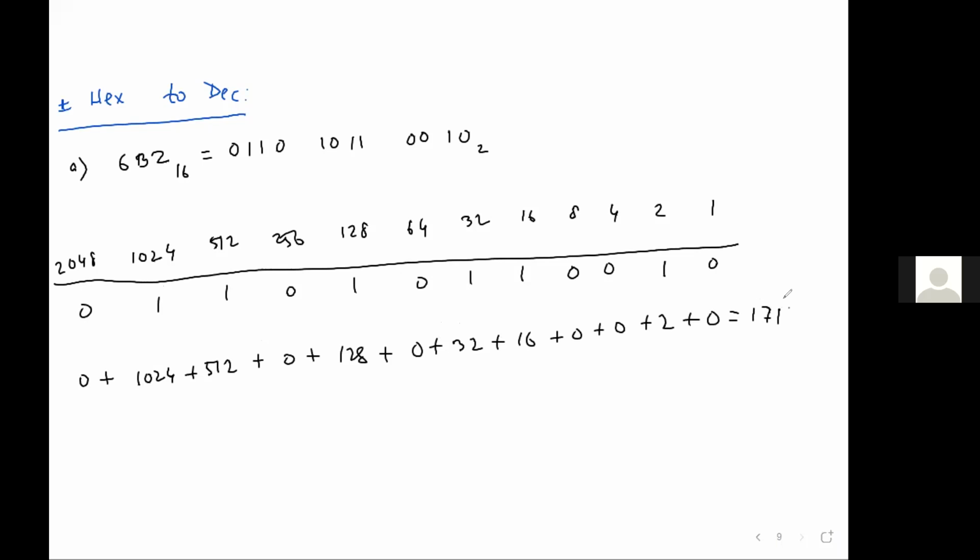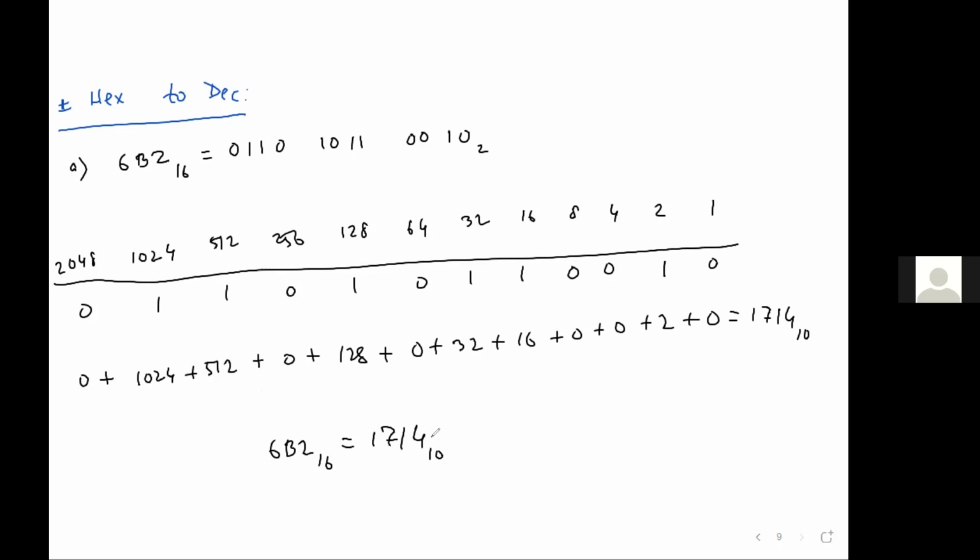Did you convert or did you actually add? Sir, he added, sir. Okay, good. All right. So finally, what is our answer? If we have hex number 6B2, then the decimal representation is 1714 base 10. Yes, sir.